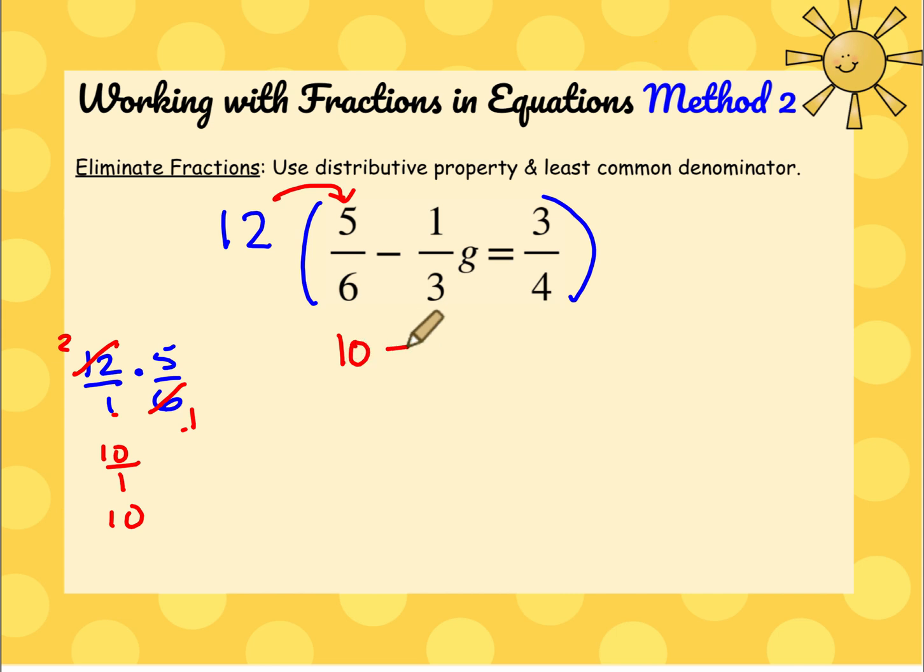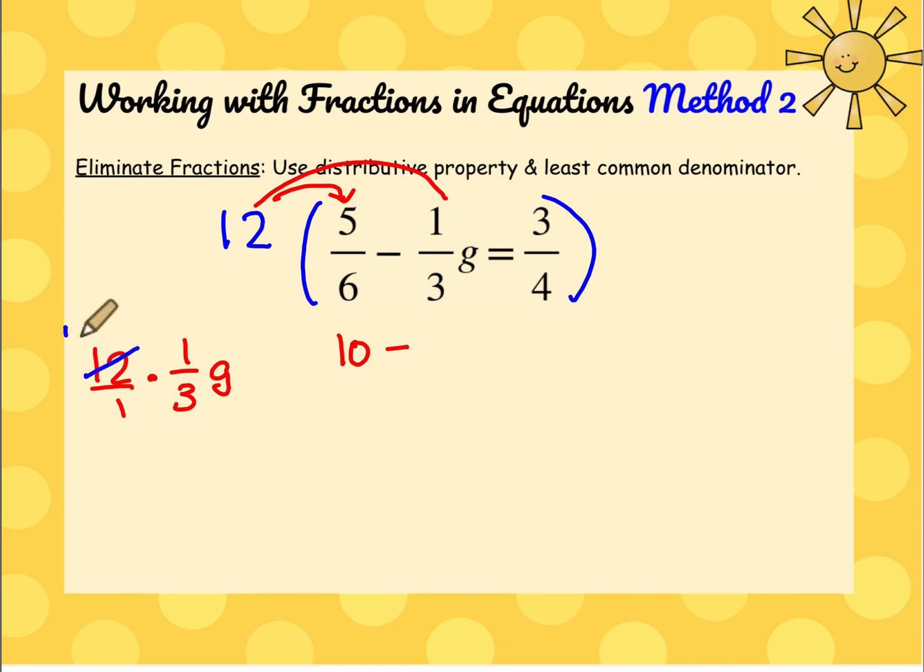So now I'm going to go ahead and do the same thing, but I'm going to do it for 12 times 1/3 g. So 12 times 1/3 g. Okay, so 12 and 3 have a common factor of 3.